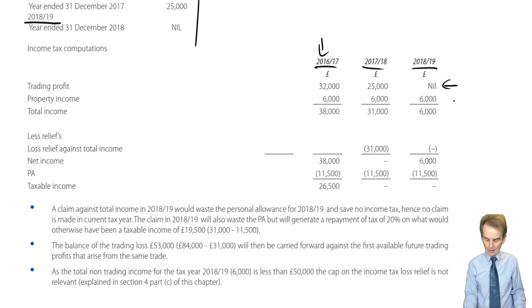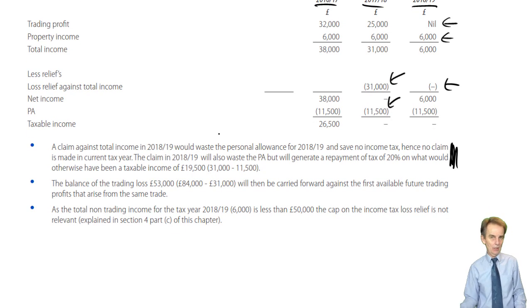Put the figures of trading income in, put the property income in, and then we ignore a claim against the total income of the current year, and that of course is made reference to here. We do make a claim, albeit it's not a hugely efficient use of the loss, because we will be wasting all of that personal allowance, but it's the best that is available in the current circumstances.